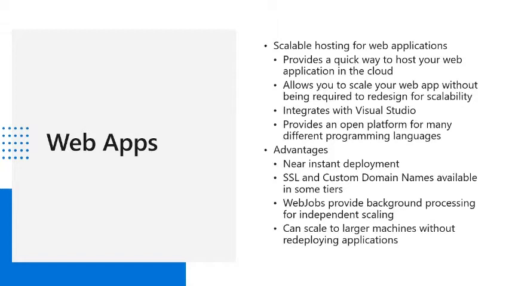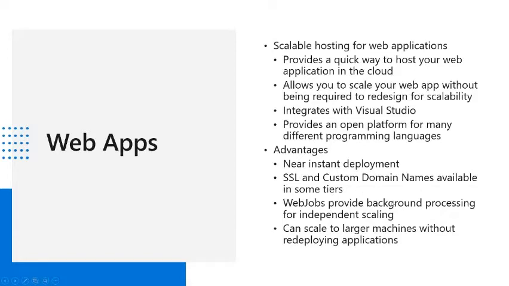It can integrate with your Visual Studio, an open platform for many different languages, near instant deployment, SSL and custom domain names available in the same tier. WebJobs provide background processing for independent scaling, and can scale to larger machines without redeploying applications.